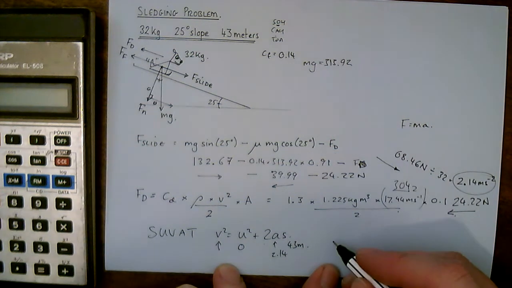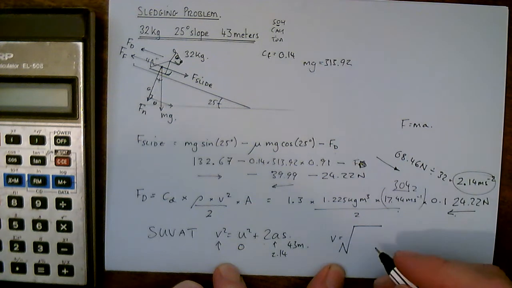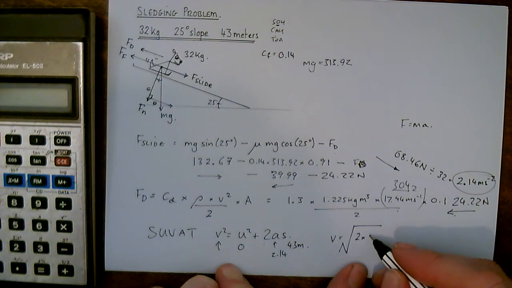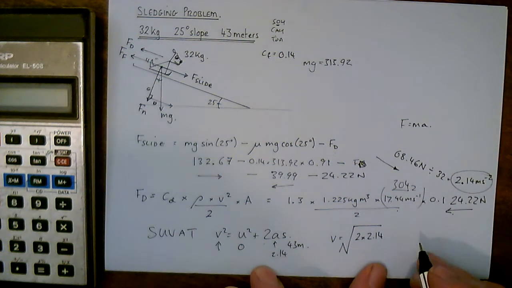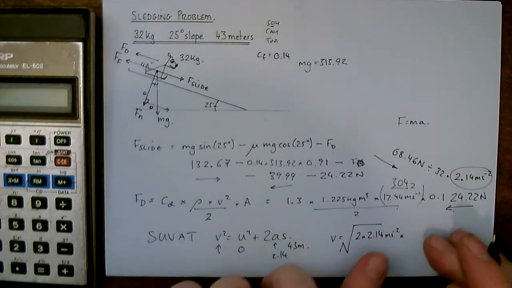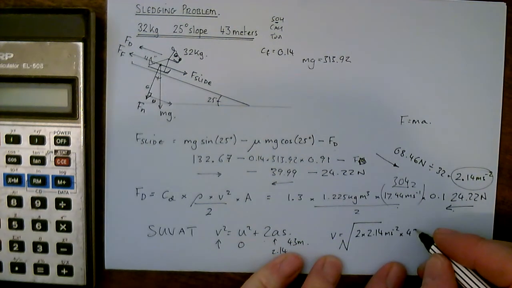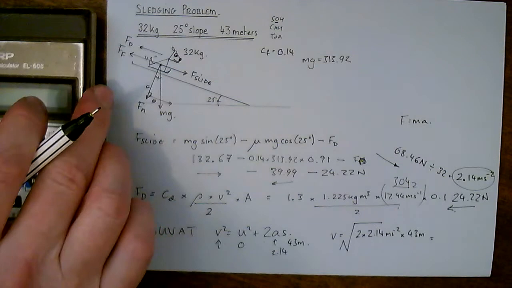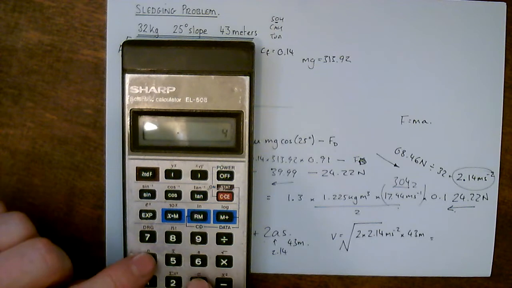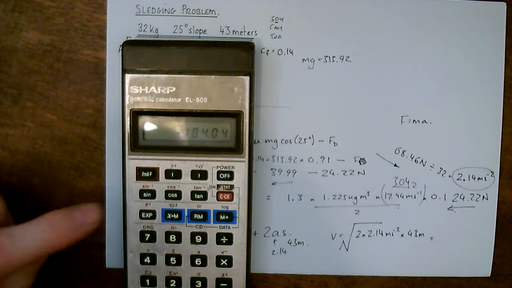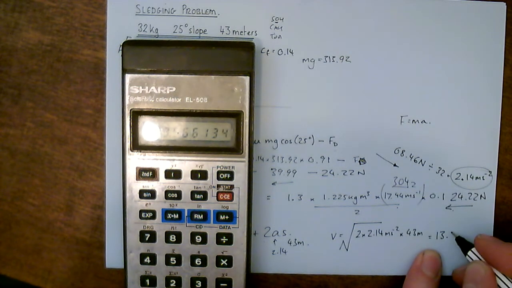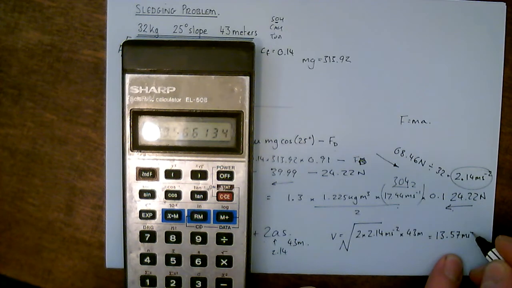So if we rearrange, v will be equal to the square root of 2 times the acceleration, 2 times 2.14, times 43 meters, which will equal 2 times 2.14 times 43, equals square root of which is, so the velocity at the bottom of the slope will be 13.57 meters per second.